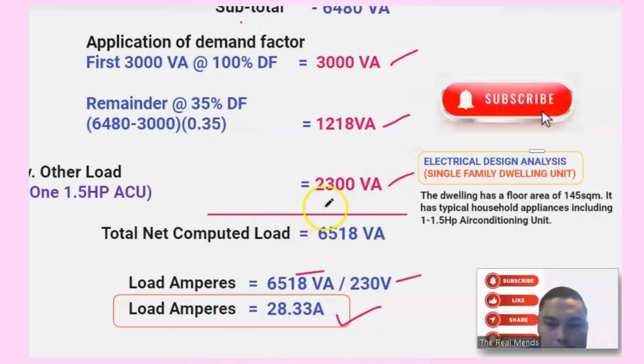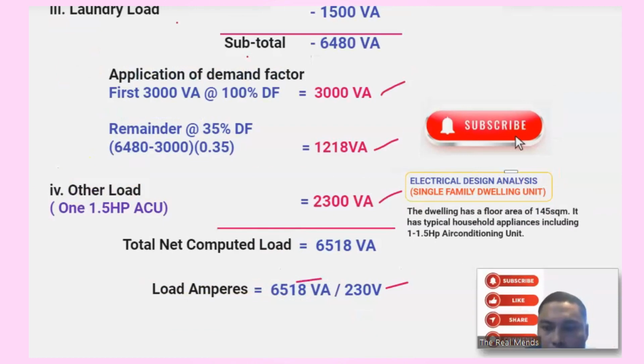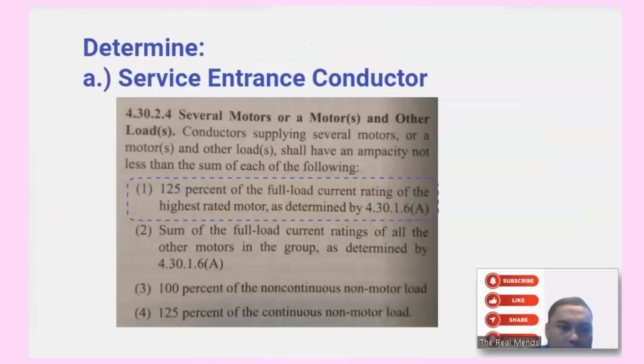For the service entrance conductor, let's use the PEC for our service entrance conductor sizing. From PEC 4.30.2.4 for several motors or motors and other loads, so it's a combination.